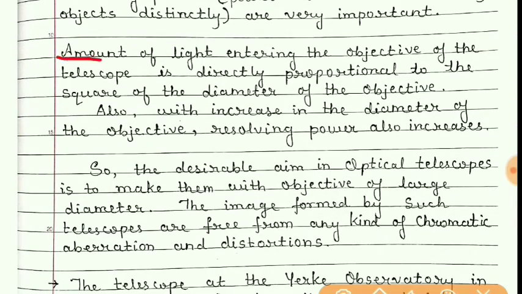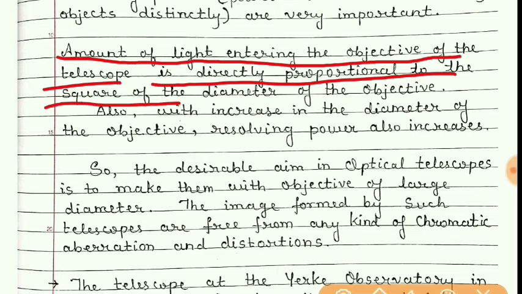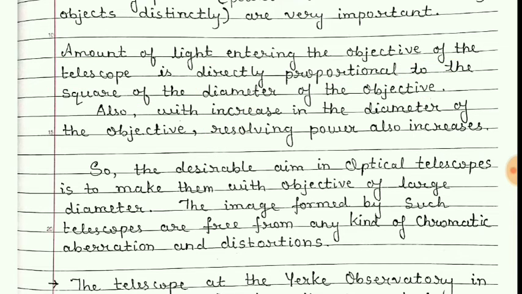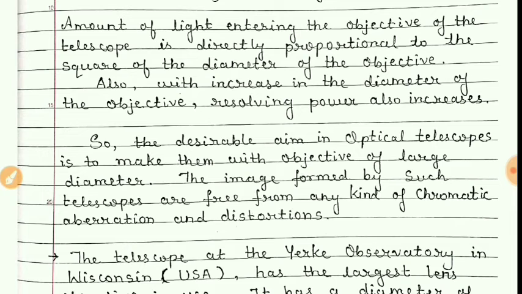Now, the amount of light entering the objective of the telescope is directly proportional to the square of the diameter of the objective. As I said earlier, its area should be more. So if the diameter is more, then the area of the objective will also be more, and it will gather more light, and so it will have high resolution.